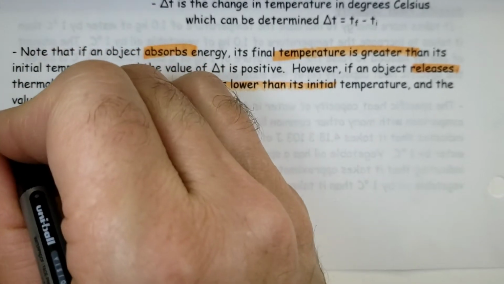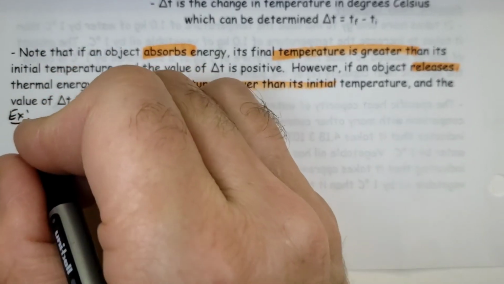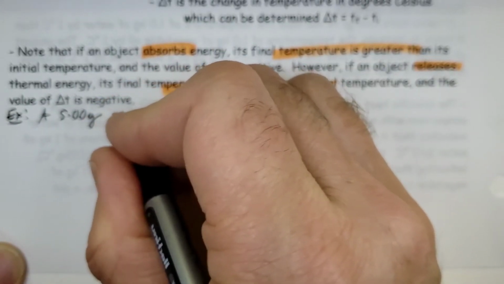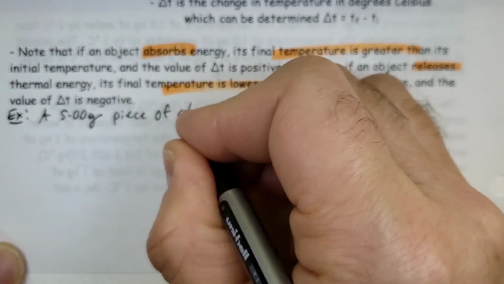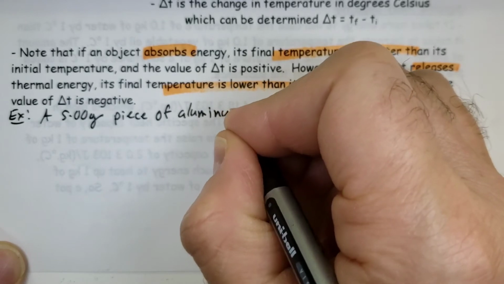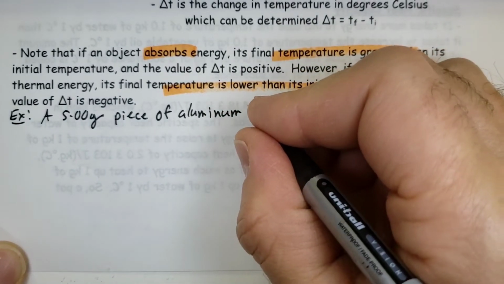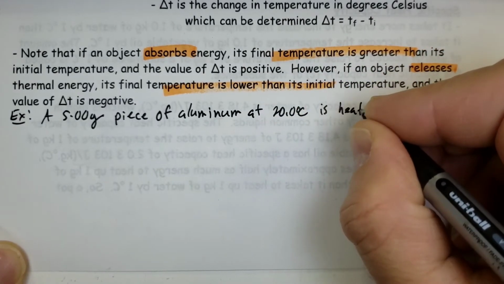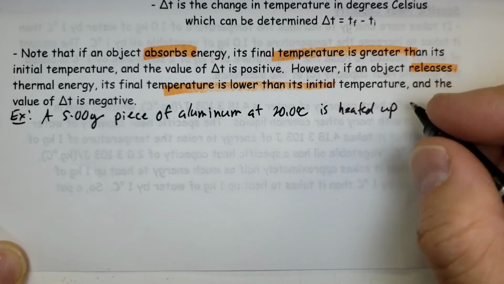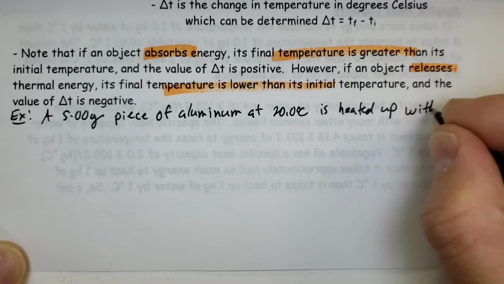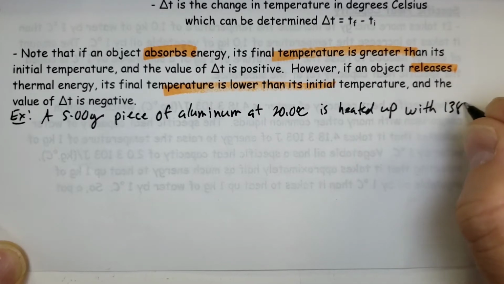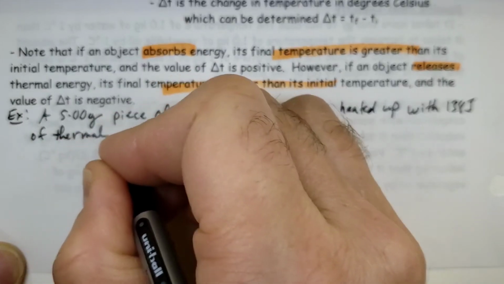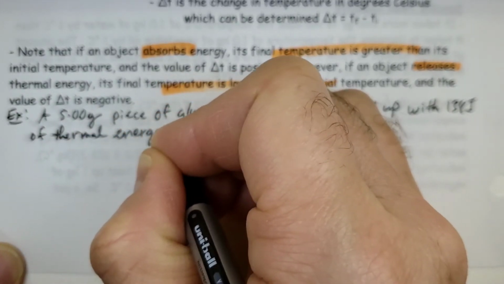And we'll call this example 5. A 5-gram piece of aluminum, or as the Brits say, aluminium, at 20 degrees C is heated up with 138 joules of thermal energy.